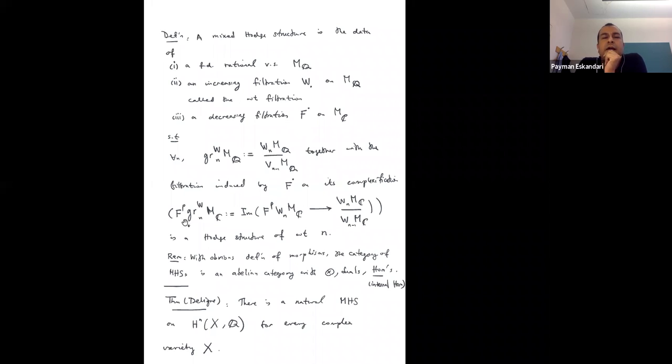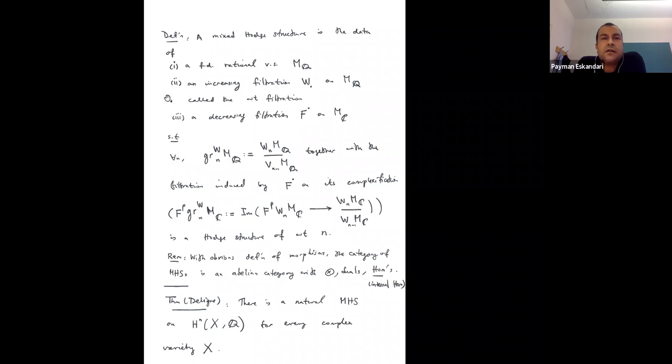To be precise, you define F^p of that to be the image of F^p of W_n under the quotient. Now this thing together with this filtration on it should be a Hodge structure of weight n. So for any n, you want this thing together with the induced filtration to be a Hodge structure of weight n.